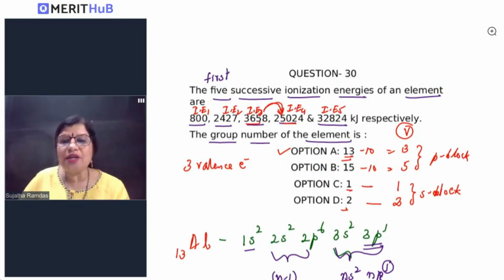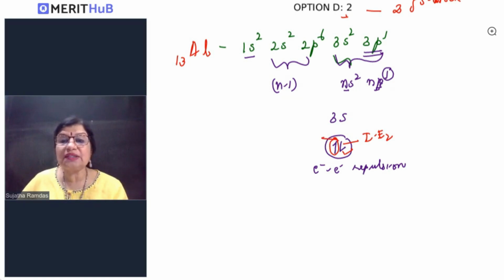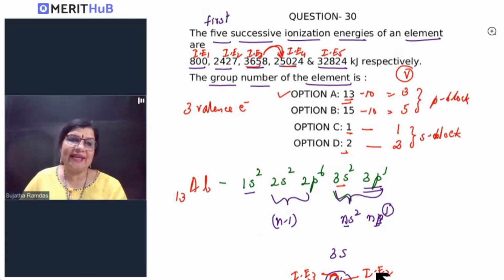So after one of the electrons is lost, the next electron left over, this is the second ionization energy. Now coming to the third ionization energy, this will be the only electron present in the 3s subshell. So the effective attraction by the nucleus will be very high and therefore will require more energy than the energy required to remove the second electron.